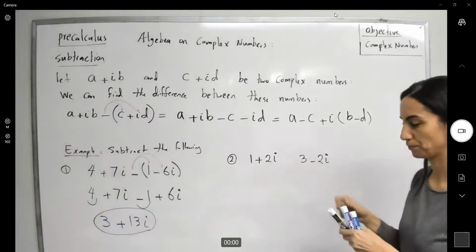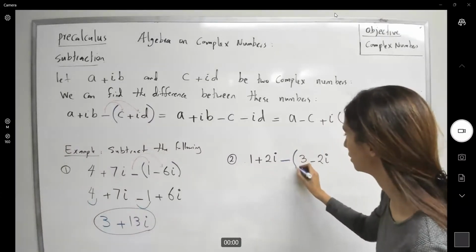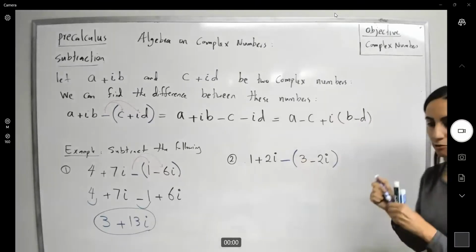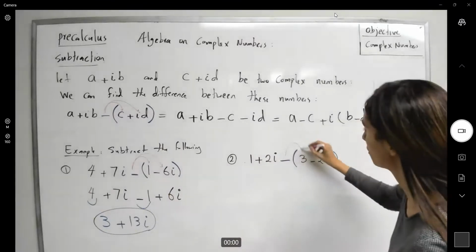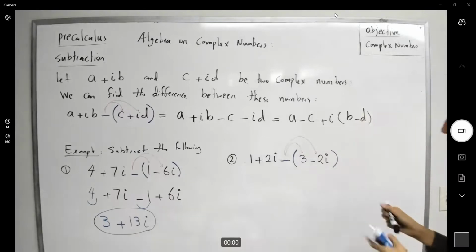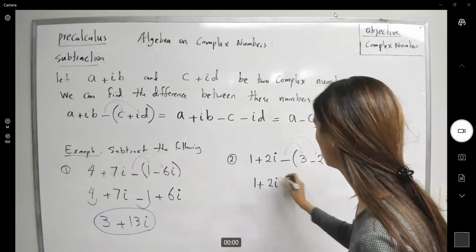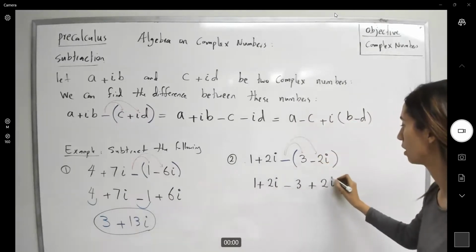The second one, the same process. Put a negative sign between these 2 complex numbers and use parentheses. We have to distribute this negative sign, negative 3, negative, negative 2i. Well, okay, we have 1 plus 2i minus 3 plus 2i.